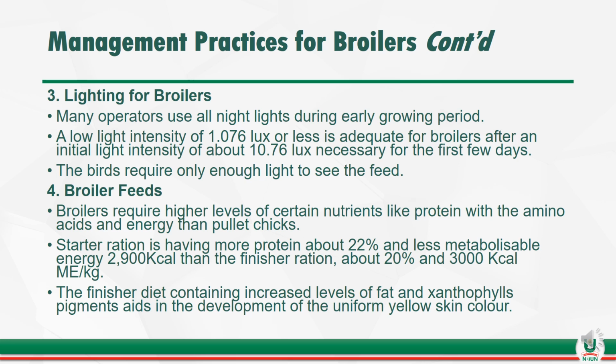Now, what of broiler feeds? Yes, of course, the broiler feeds are different from the layer feeds. Broilers require higher levels of certain nutrients like protein with their amino acids and energy than pullet chicks.